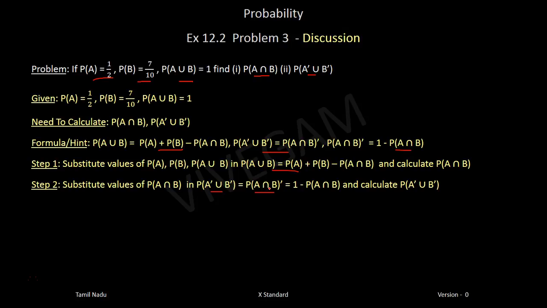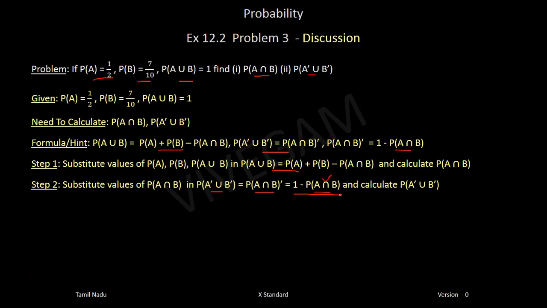This we know, it is 1 minus probability of A intersection B. Now the probability of A intersection B is known, so this can be calculated. So probability of A complement union B complement is 1 minus probability of A intersection B. Substitute the value of A intersection B in this formula and get the value.